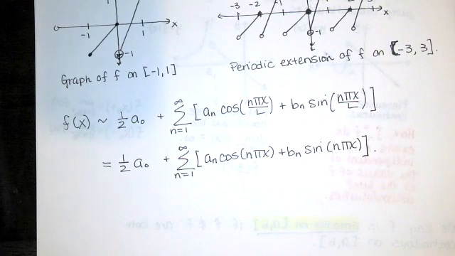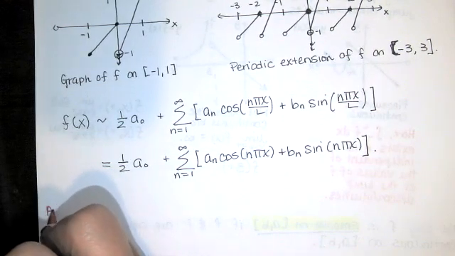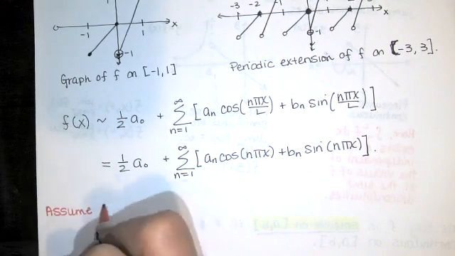So to find a sub 0, we will assume that f is equal to this series.